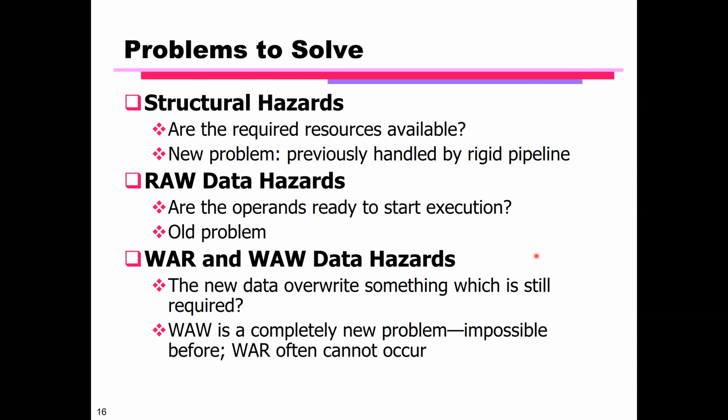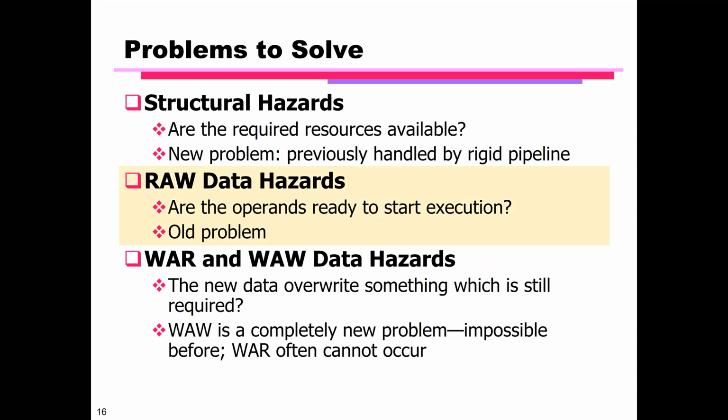This is exactly what we are comfortable with because we know this problem. And then we have these two other data hazards that we ignored last week, but we'll see in a minute why we ignored them and why we cannot ignore them anymore.